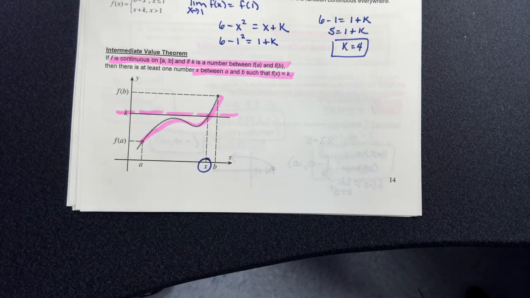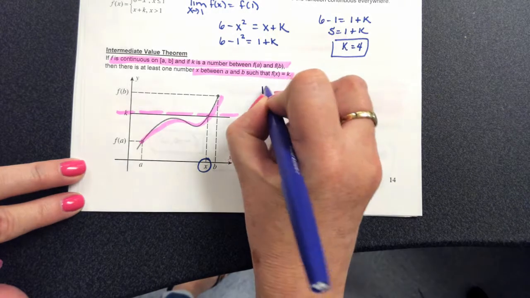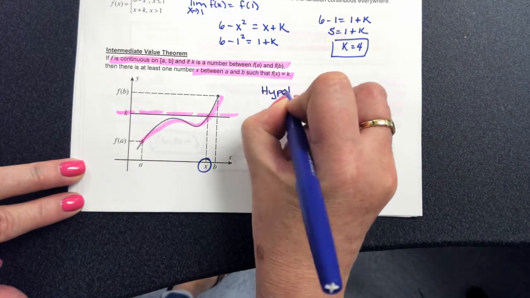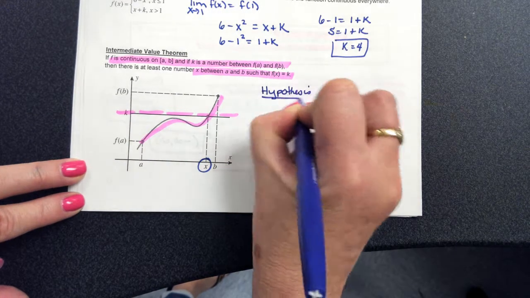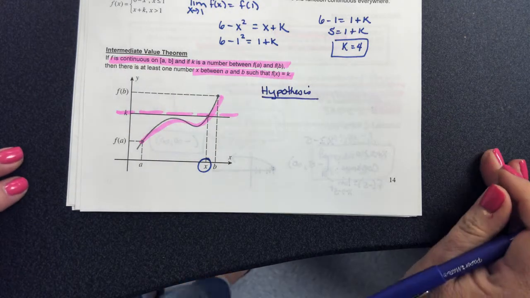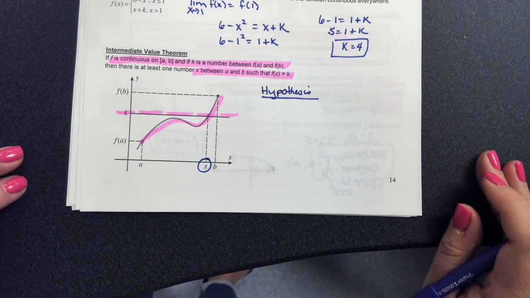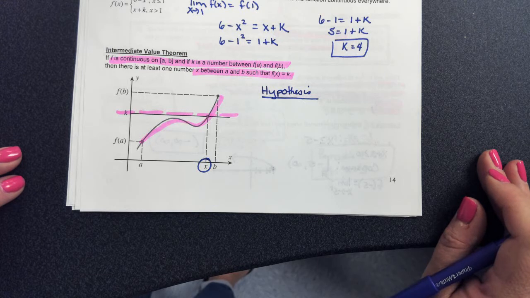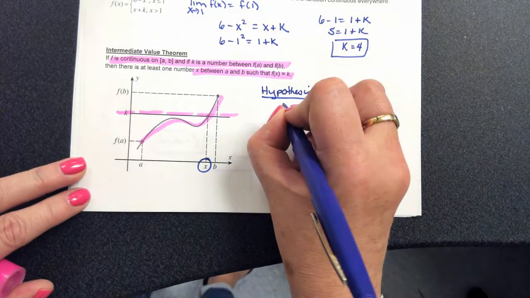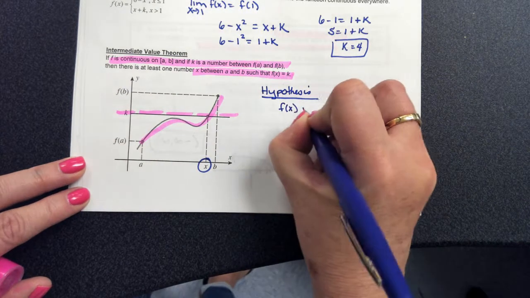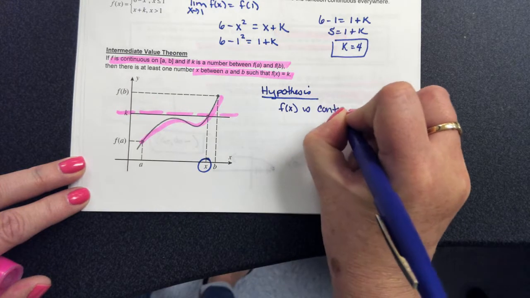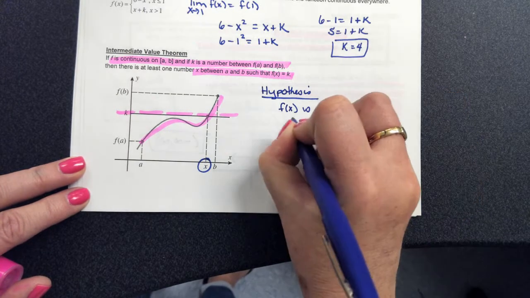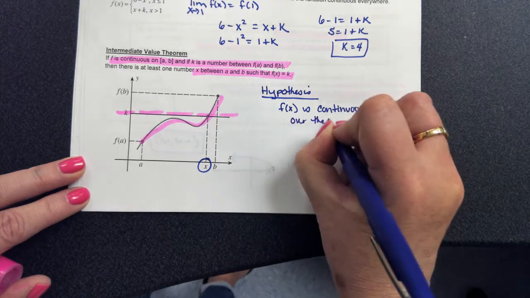So when you're stating the intermediate value theorem, you have to state two clear things. You always have to state a hypothesis. You must state, when you're applying the intermediate value theorem, that f of x is continuous over the interval that's given.